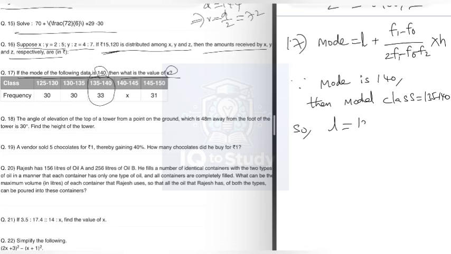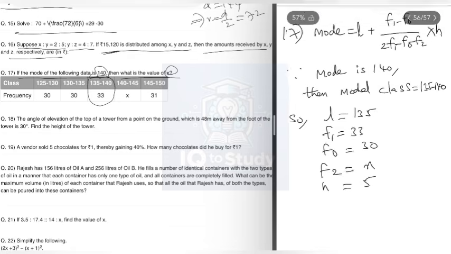L is equal to 135, which is the lower limit of modal class, and f1 is frequency of modal class, which is 33, and f0 is frequency before modal class, which is 30, and f2 is frequency after modal class, which is x, and h is class width, it is 5. Let's substitute in the formula.